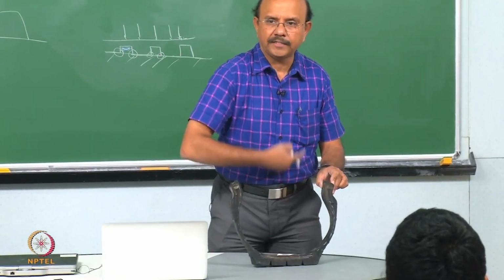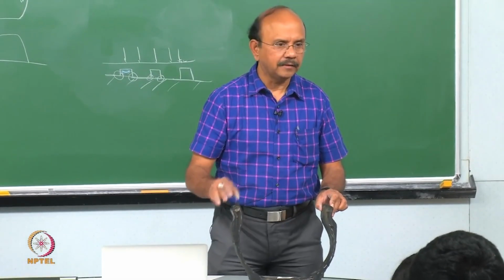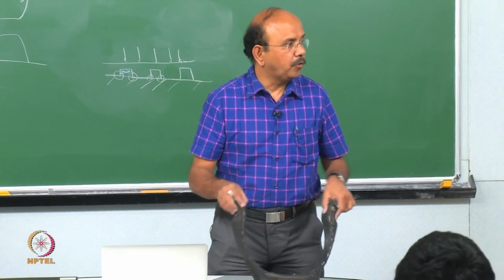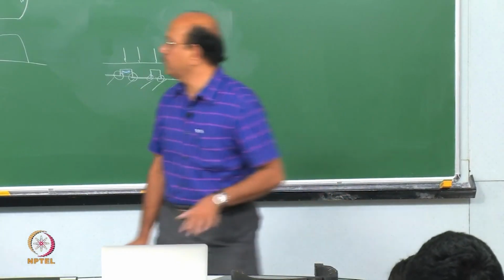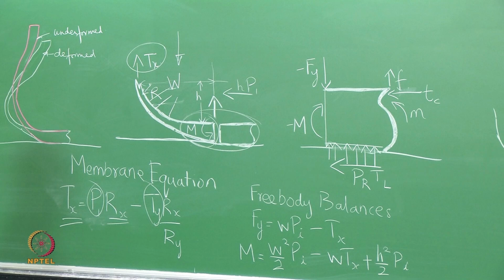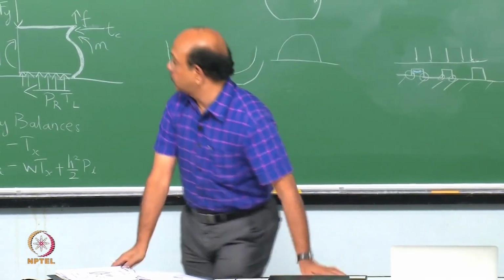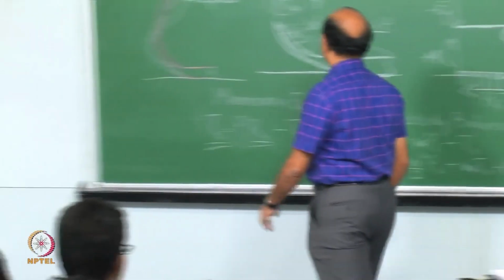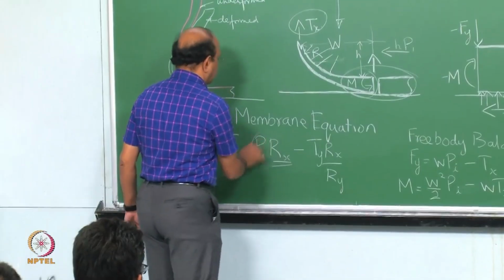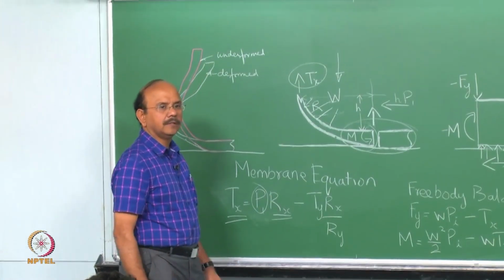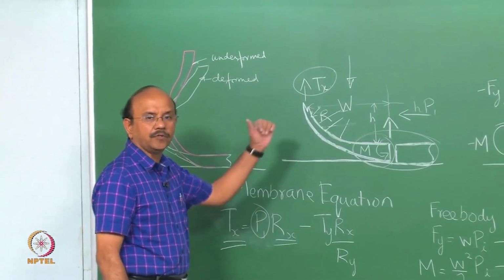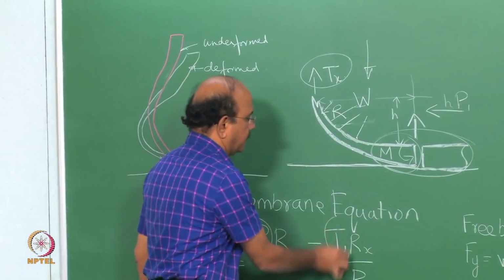So there are two radii of curvature in the tire, right? Both have an effect on this Tx. Of course, the other things that have an effect on Tx are the inflation pressure and the force in the Ty direction.